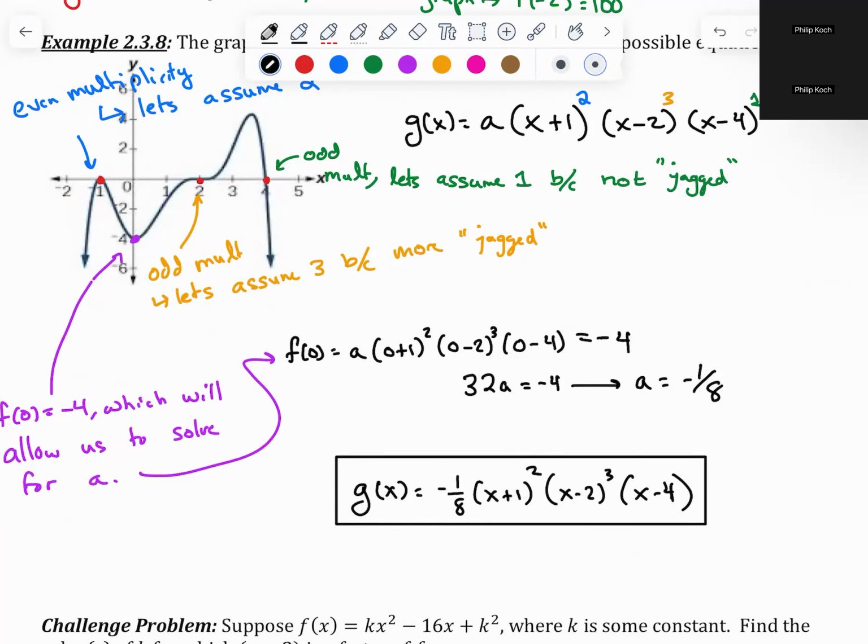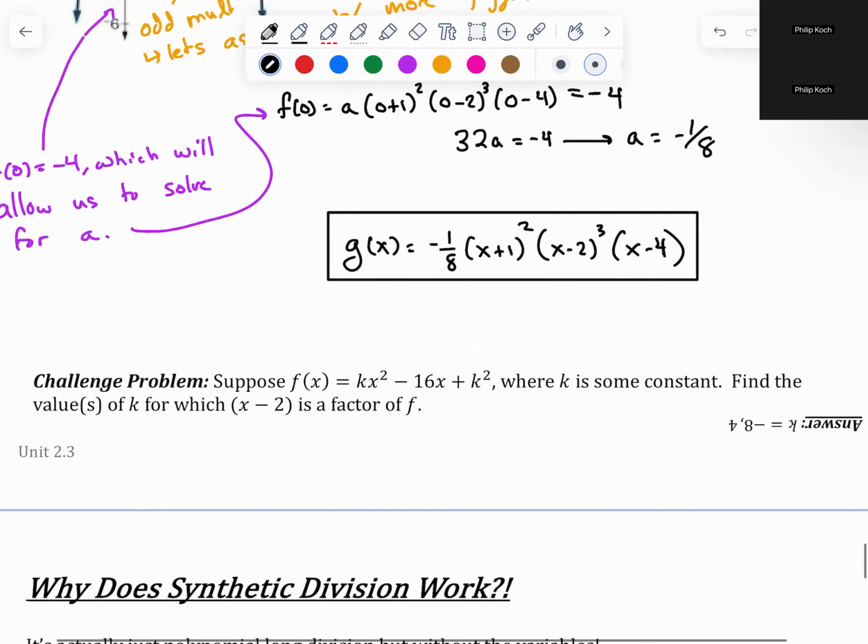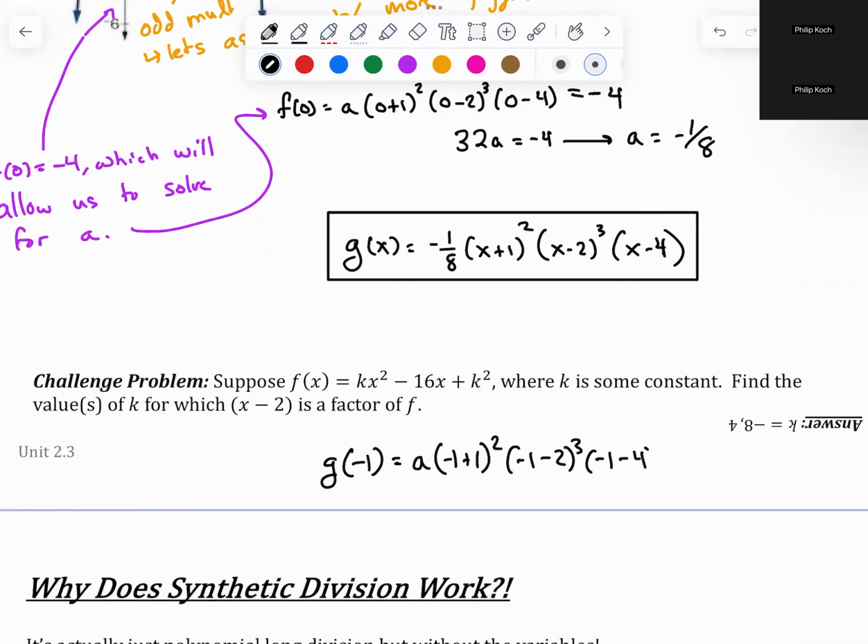Yes. In the same fashion that we used (0, -4), could we also use (-1, 0), since that's the first point? Excellent question, and let's explore that. If we try that, g of -1 equals A times -1 plus 1 squared times -1 minus 2 cubed times -1 minus 4, equals 0.